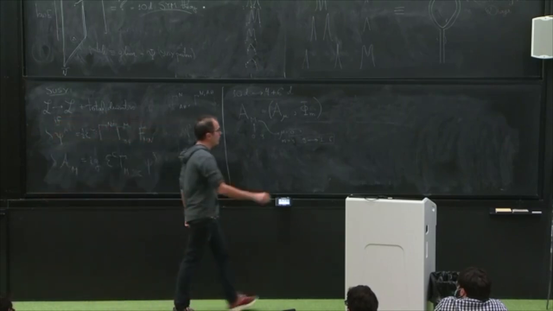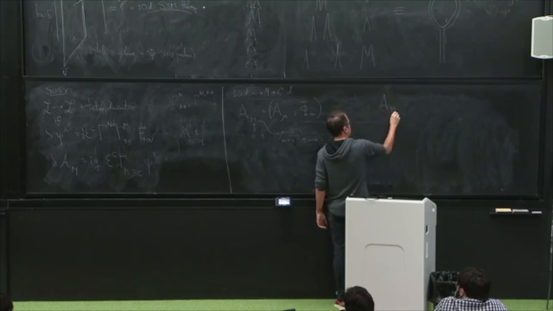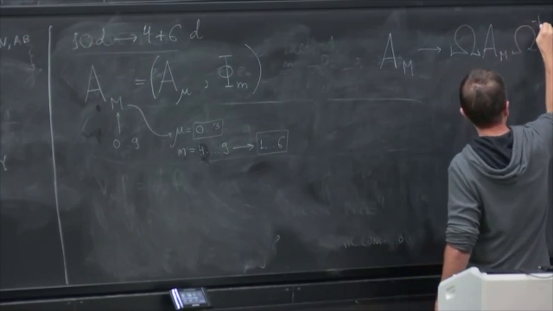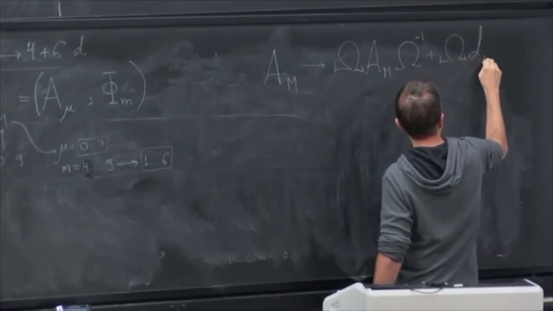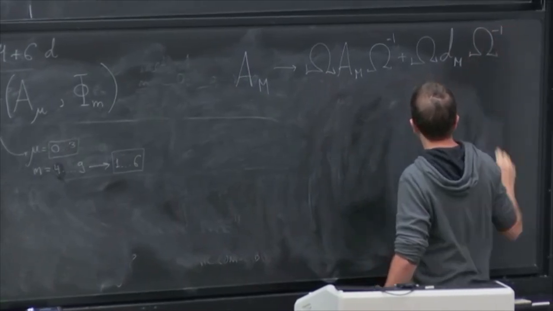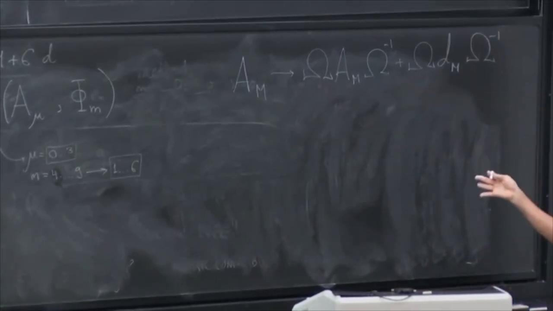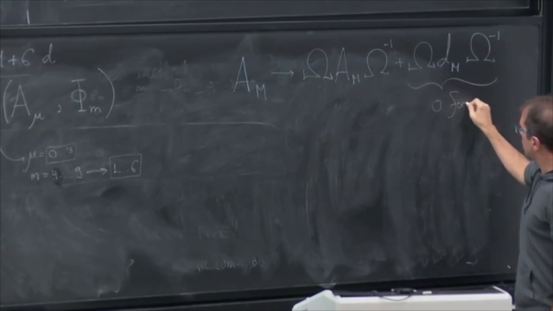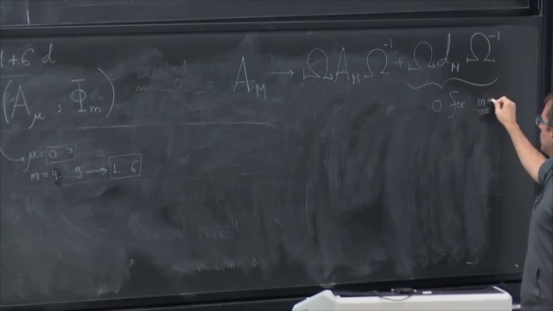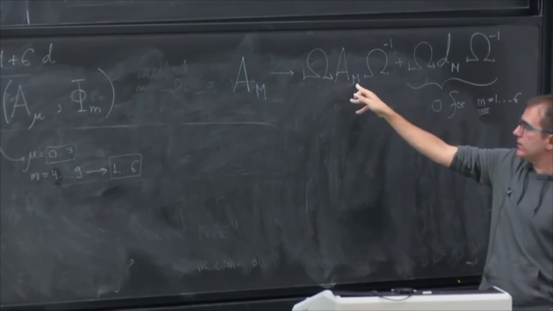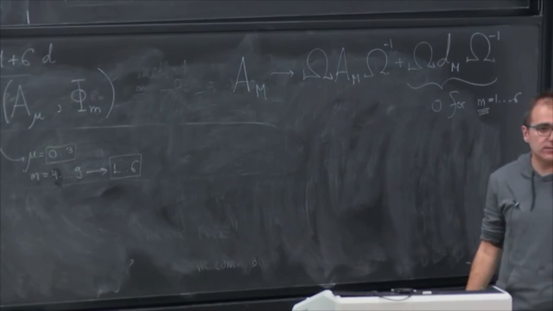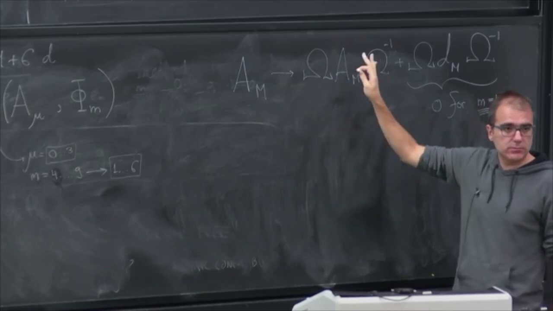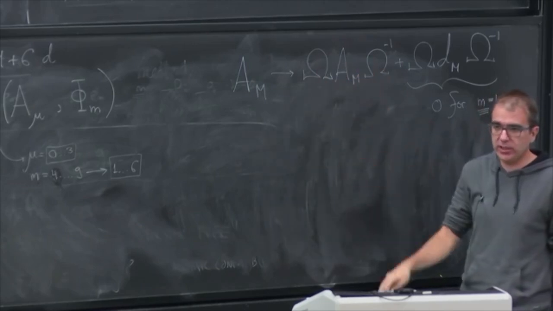Remember that under a gauge transformation, A_M transforms as omega A_M omega minus 1 plus omega d_M of omega minus 1. But if we don't allow anything to depend on the extra 6 dimensions, this is 0 for the index m, when we take this index m to be along the last directions. And so the last components of the gauge field just transform like a scalar, like an adjoint field, like the fermion. It's not a connection anymore.